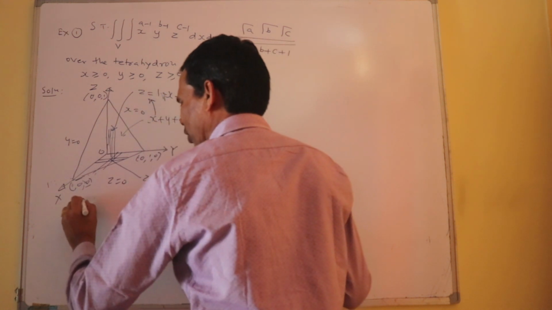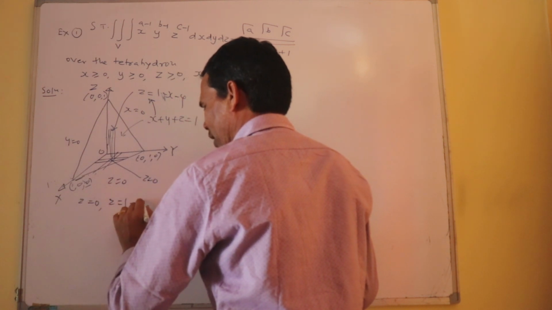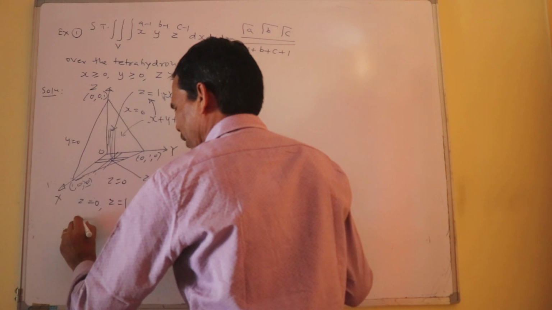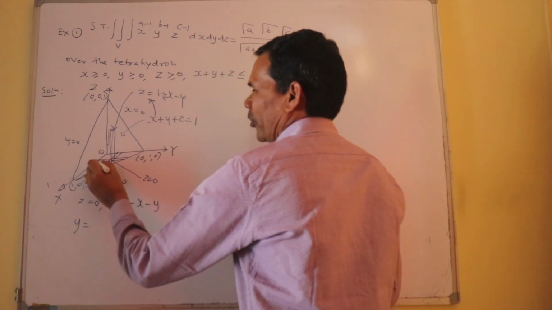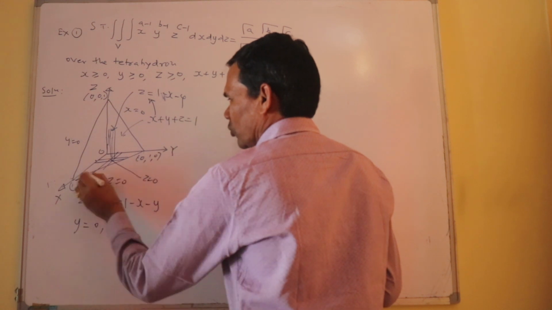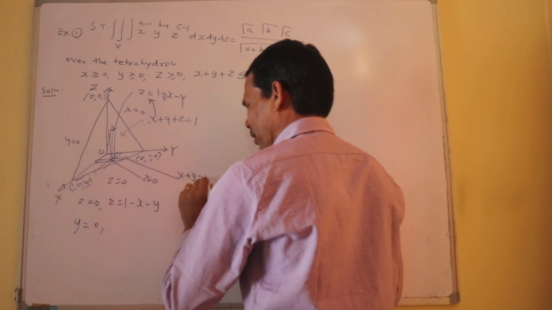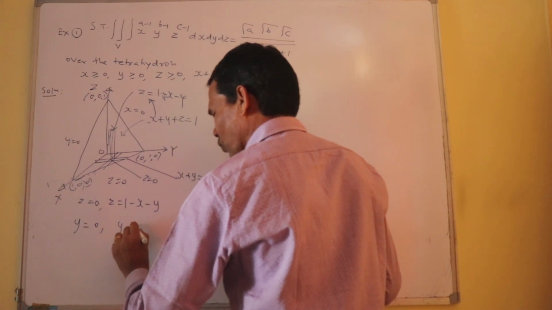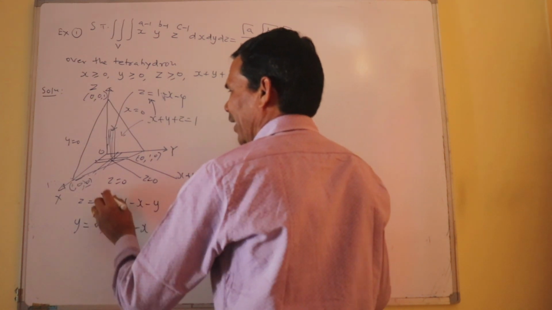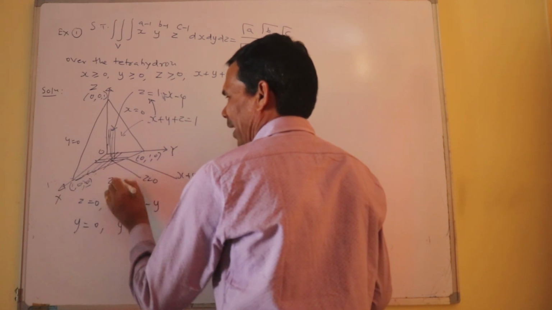So these are the limits for z: z is equal to 0 to z is equal to 1 minus x minus y. Then for y, at this particular point y is equal to 0. This is the line x plus y is equal to 1, so y naturally is 1 minus x. And x varies as you move this line in this particular direction.